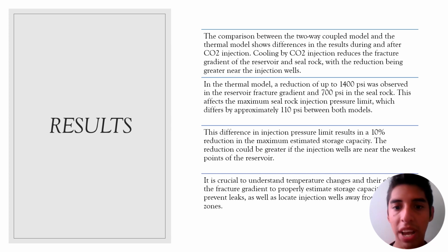This affects the maximum seal rock injection pressure limit, which differs by approximately 110 psi between both models. This difference in injection pressure limit results in a 10% reduction in the maximum estimated storage capacity.